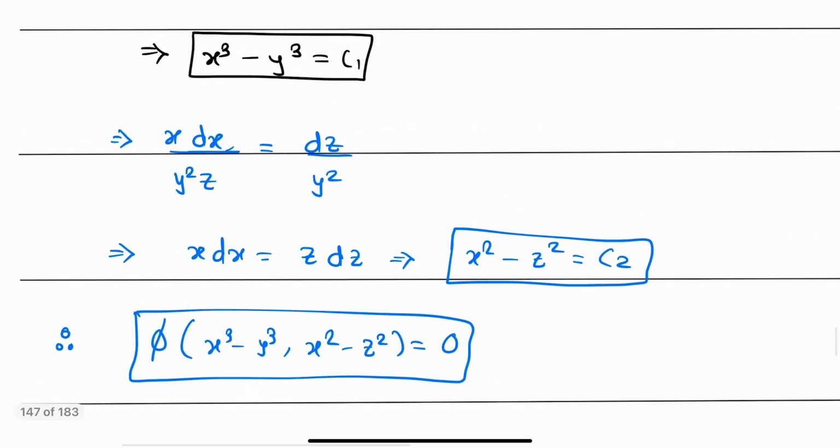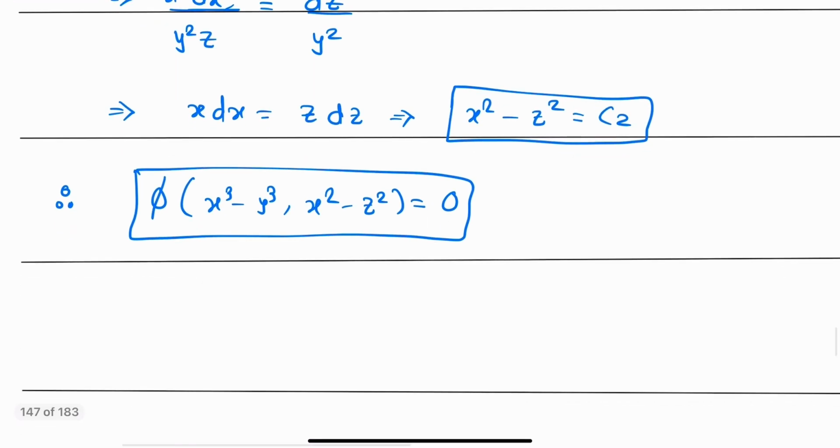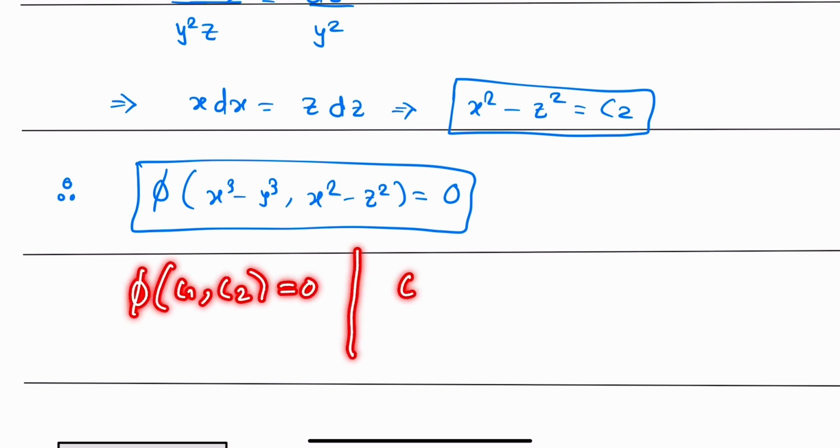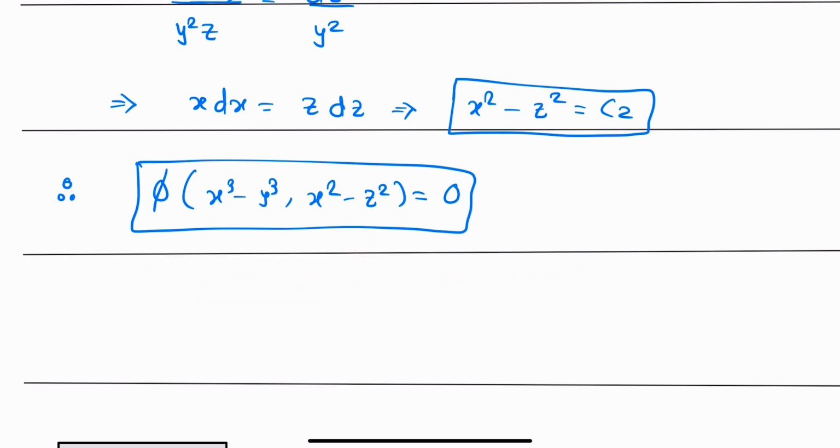So now we have the solution in the form of c1 and c2, which we will write as phi of c. There are three ways to write a solution. First one is phi of c1, c2 equals 0. Second is c1 equals phi of c2, or it can be c2 equals phi of c1.